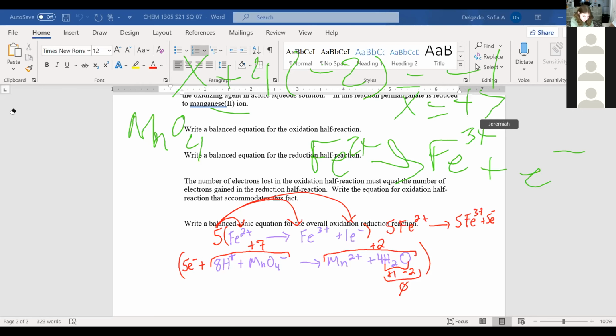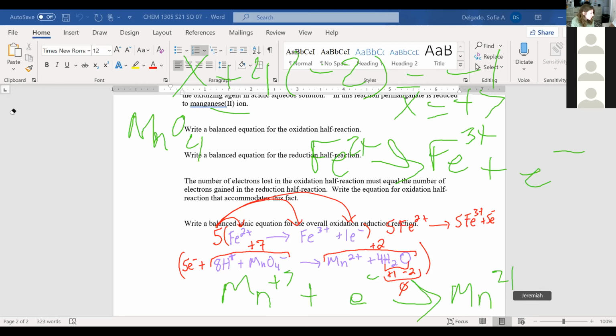With that in mind, you can put manganese with a +7 oxidation number plus a certain amount of electrons will give us manganese with a 2+ oxidation number, since it goes to manganese 2 ion. So for it to go from a 7+ to a 2+, that means that we need 5 electrons. So we put a 5 there. And if you need 5 electrons for it to go, then you need to take 5 from the iron.